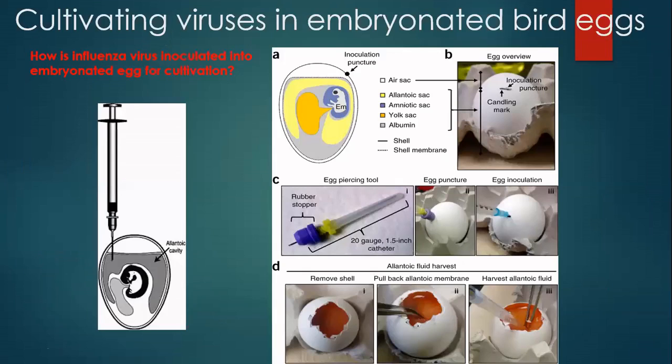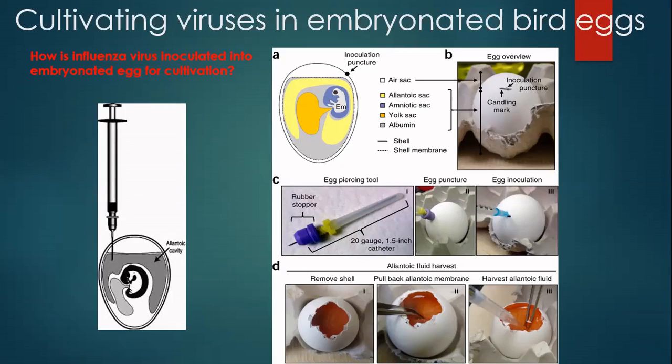Now let us take an example. Suppose we are interested in preparing a vaccine against the influenza virus. For producing a 1 microgram dose of vaccine, we will need to cultivate the virus in 2 eggs. So we want the virus to grow in the chorioallantoic membrane.